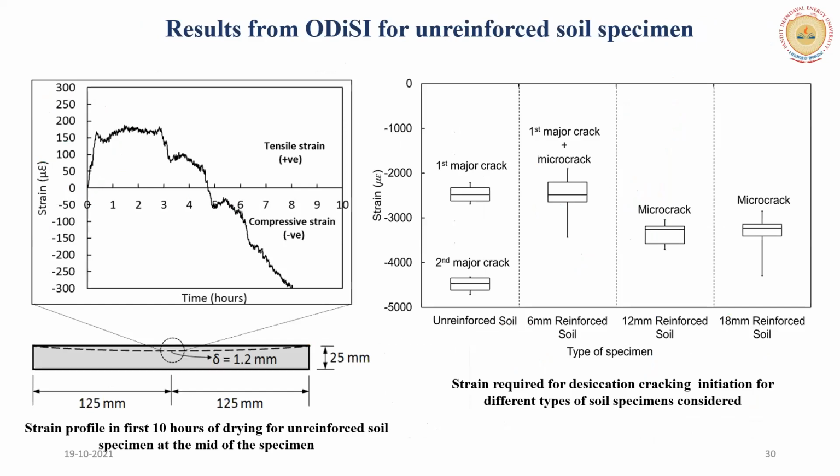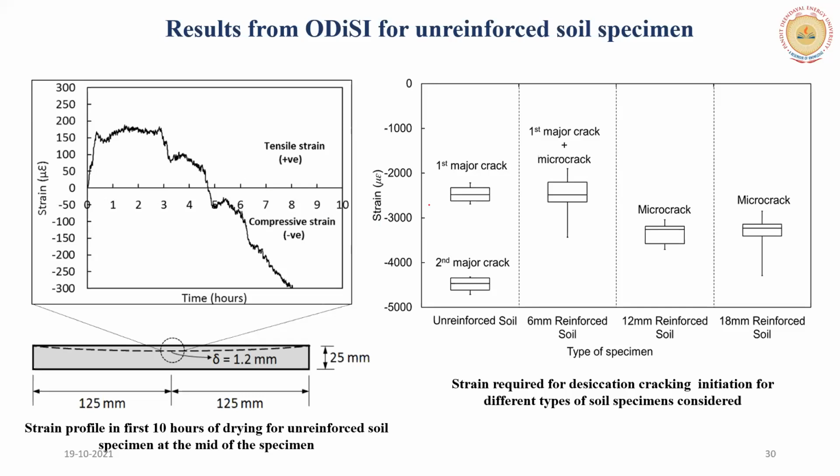So if I want to actually measure, and I want to tell what the main inferences are that I can say from this, I can tell that the strain required for first crack, for crack initiation, is low in the case of the unreinforced specimen, right?